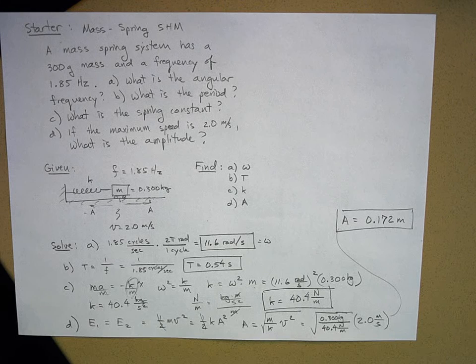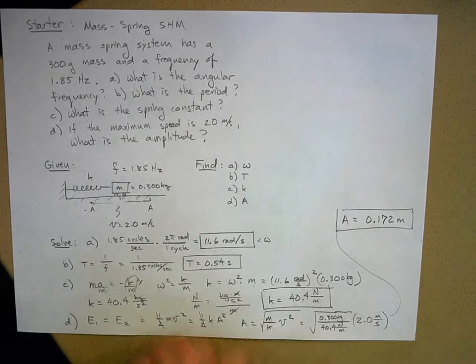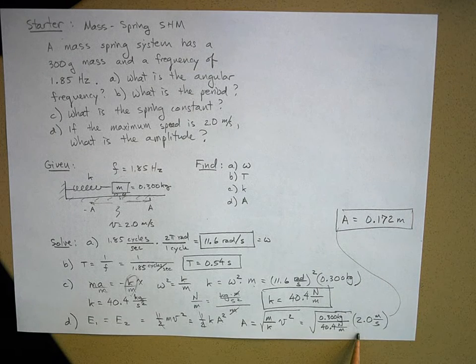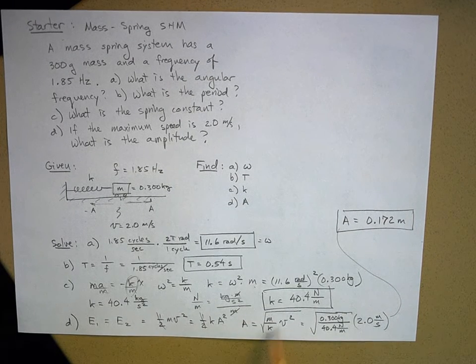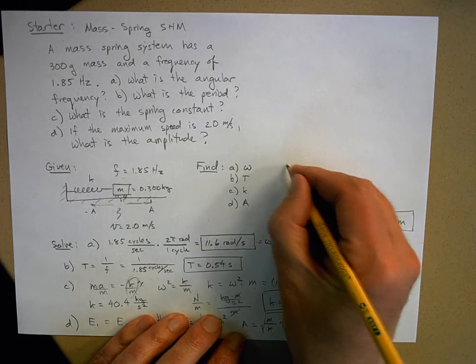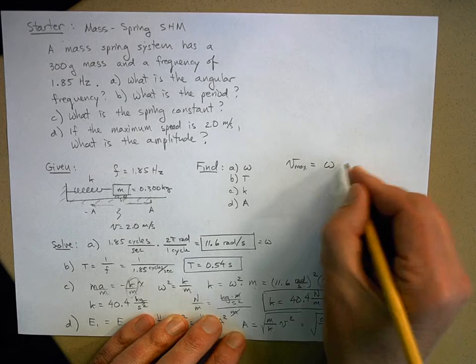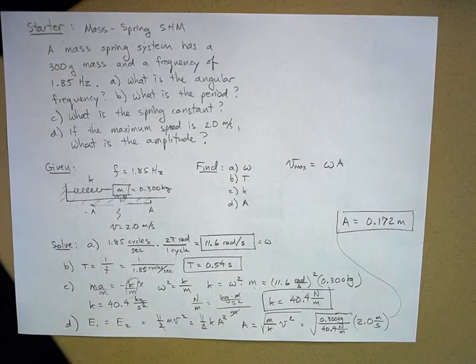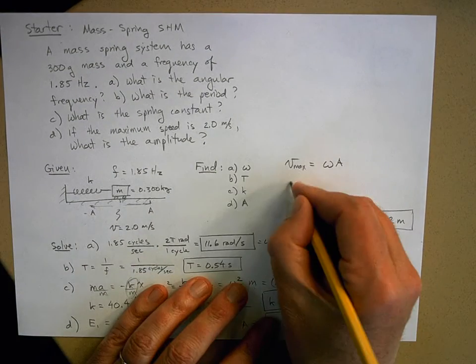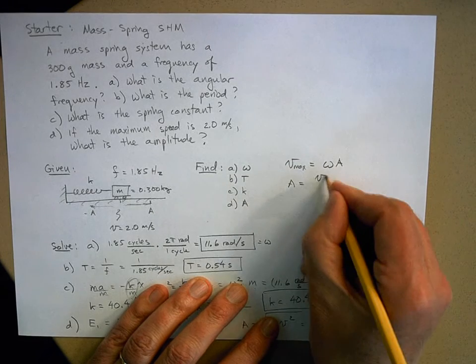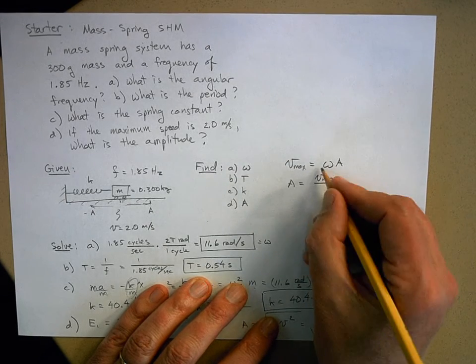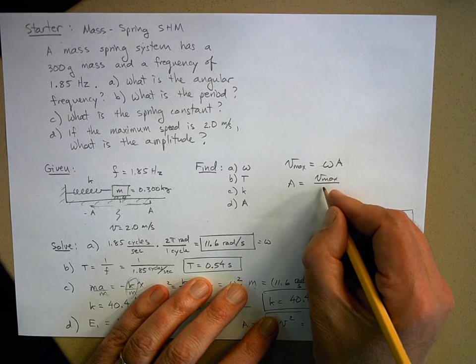That's what I got. Anybody else get the same thing? Did you get it a different way though? Yeah. What'd you do? I just used Vmax equals A times omega, the amplitude times omega. Yeah. And that's kind of what I was thinking after I got this. I went, well, oh, wait a minute. That's right. The maximum velocity is equal to the angular frequency times the amplitude. And so you can solve for the amplitude by saying that's the maximum velocity divided by omega.